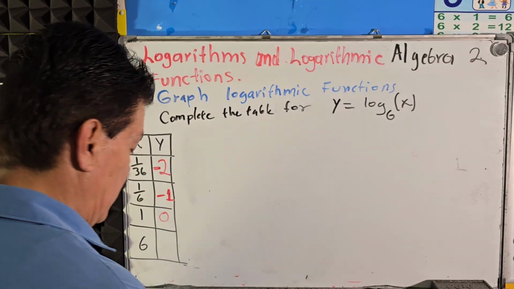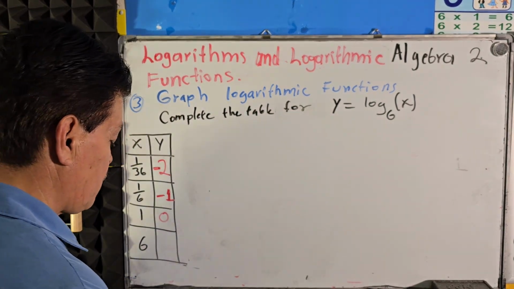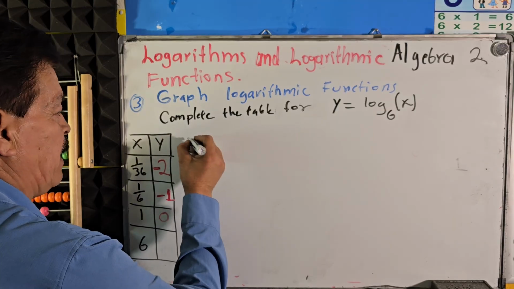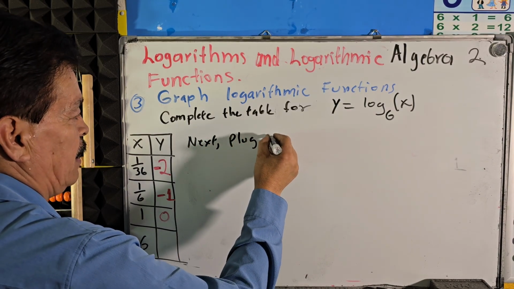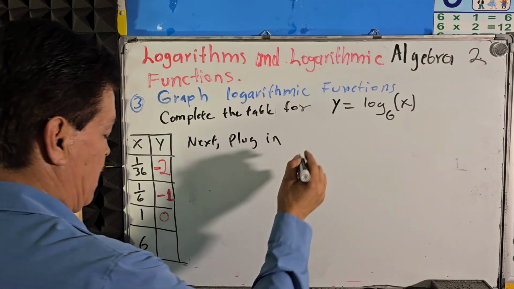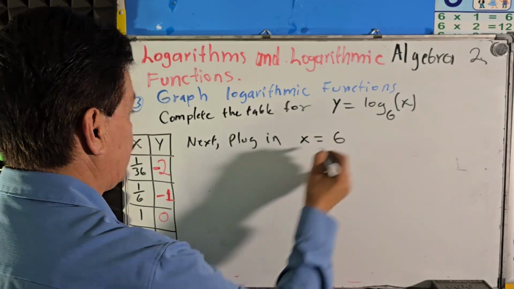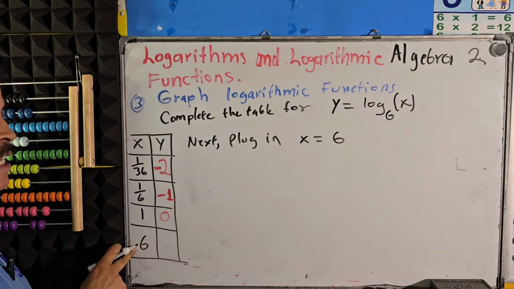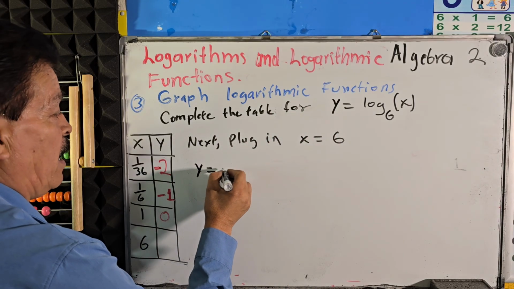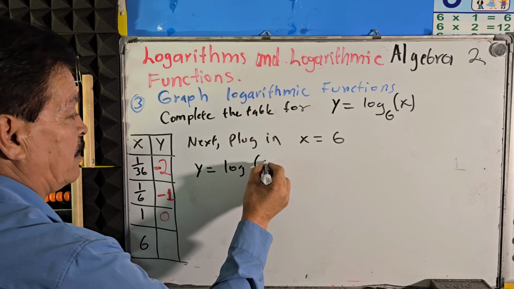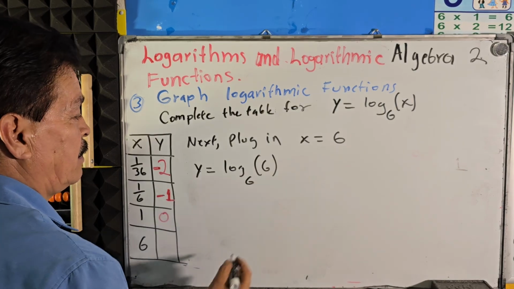So the next step, we just plug it in. We plug in x equals 6. Right now our problem is y equals log of 6 with the base 6.